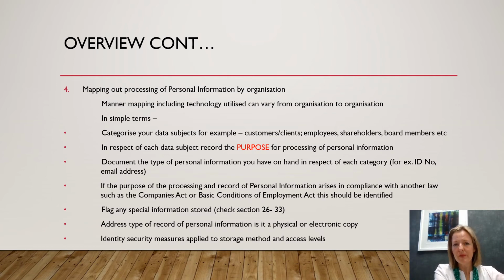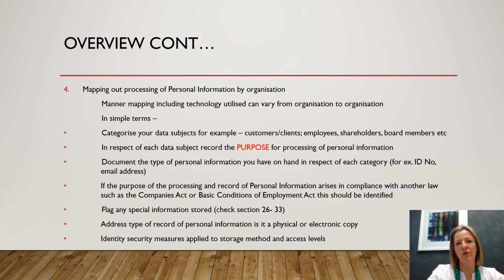And also, you would want to flag any special information as defined in the Act, and address what type of record it is. Is it an electronic copy? Is it a hard copy? And identify the security measures which are implemented by the business, or indicate that there are none, as well as indicate who has access to the records within the business, and what authority levels are applied to those records.